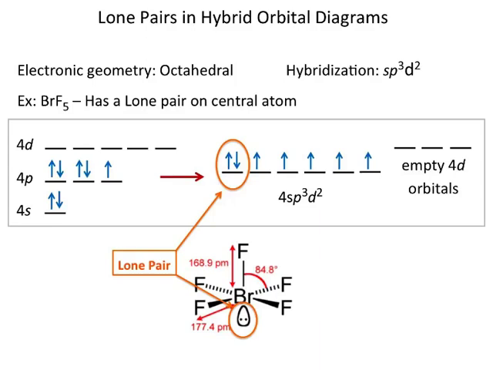So let me reiterate something here. If your Lewis structure shows a lone pair on the central atom, then your hybridization energy level diagram also has to show that same lone pair somewhere in the hybrid orbitals, which are these ones.